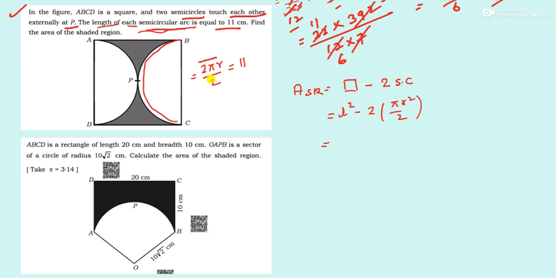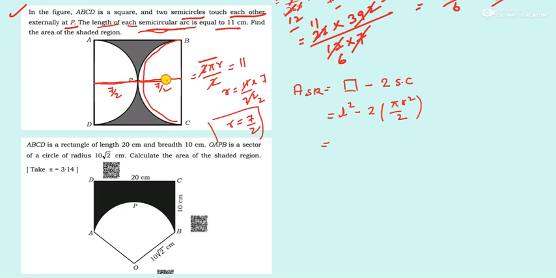It means they have given the radius. If I write, it will be 11 divided by 22 by 7. So 11 ones are 11, twos. It is 7 by 2, correct. Radius is 7 by 2. So if this is 7 by 2, again this will also be 7 by 2.